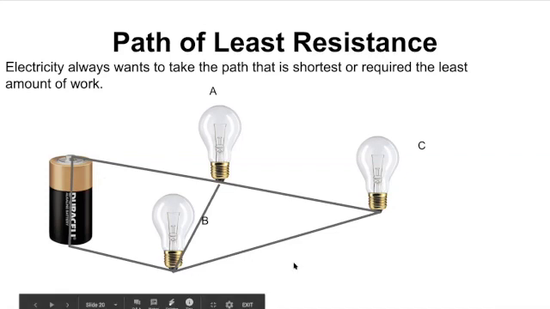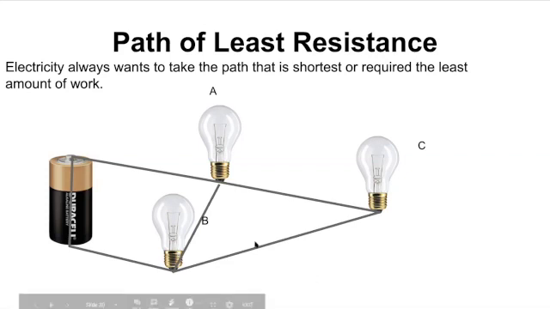I want you to think in your head really hard, what path is going to be the shortest and require this electricity to do the least work? Is it going to be a path through A, C, and B? Is that going to be the shortest path with the least work? We also have another path where it can go through light bulb A and then down to light bulb B.